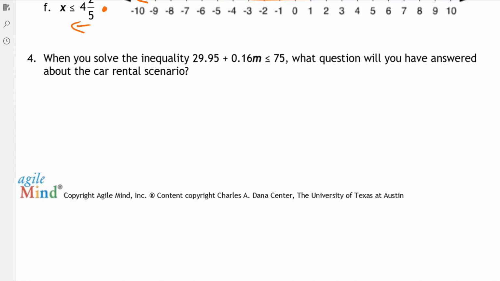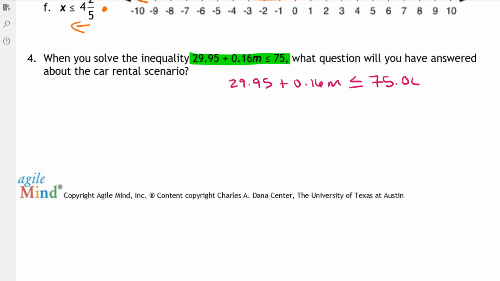Okay, so when you solve the inequality, ooh, look, we did it correct, because right here it shows us, and we did it correct up above. So when you solve the inequality, what question will you have answered about the car rental scenario? Well, I don't know. Let's write the inequality down. 29.95 plus 0.16m less than or equal to 75.